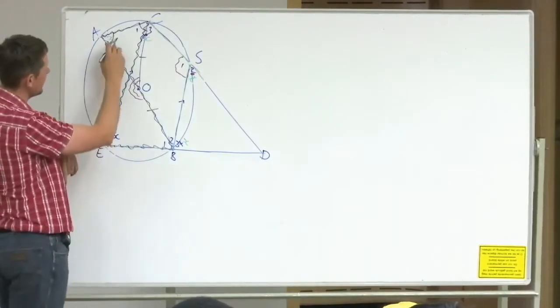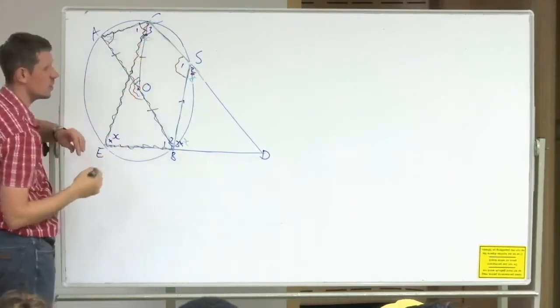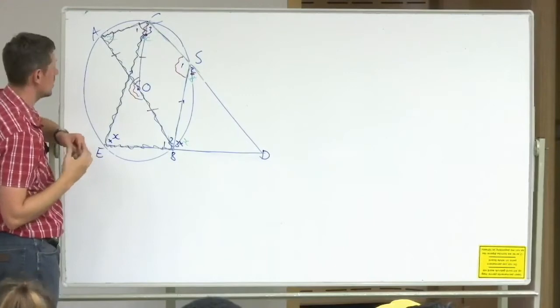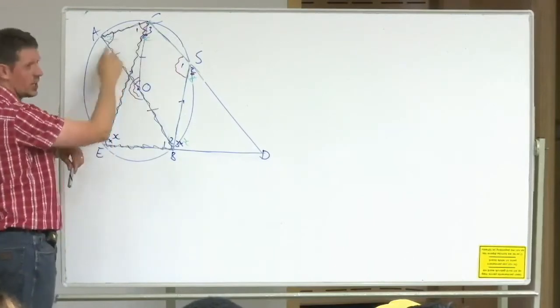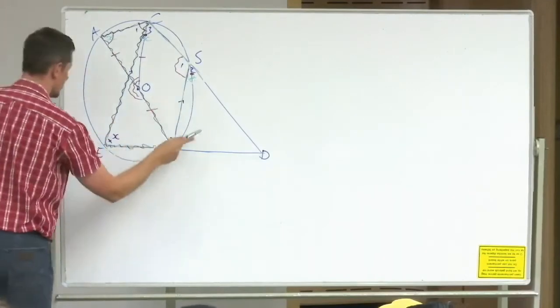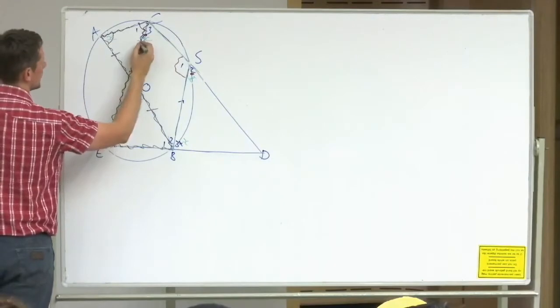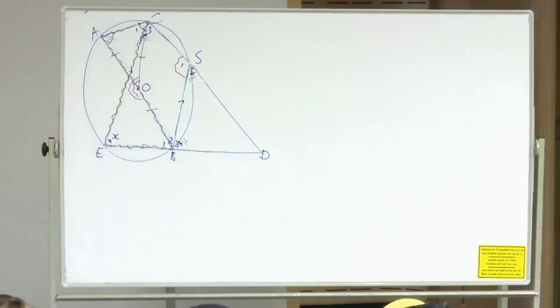But I have that A is equal to C1 and C2, because I have an isosceles triangle. There I have 1, 2, 3, 4, and 5 angles equal to x.